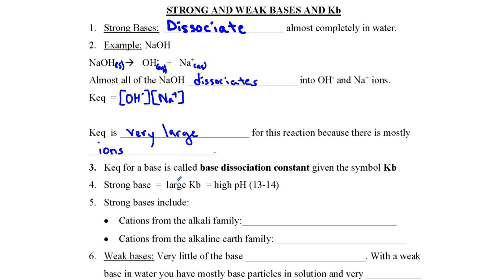So a strong base has a large Kb value, and it would also have a high pH, so in the 13 to 14 range on the pH scale. Remember, bases range anything above 7 up to 14, so a strong base is in that upper limit of the pH scale.